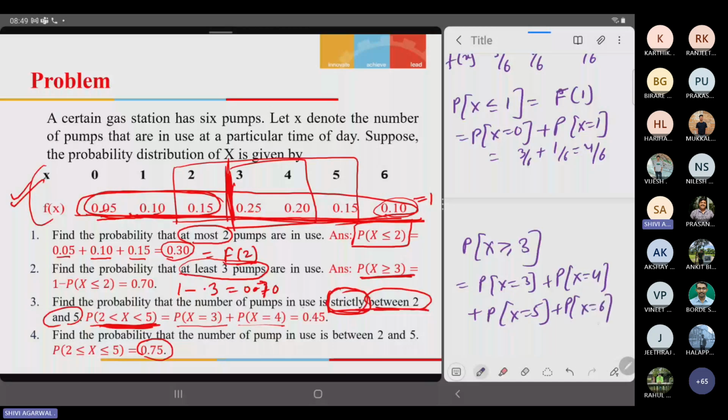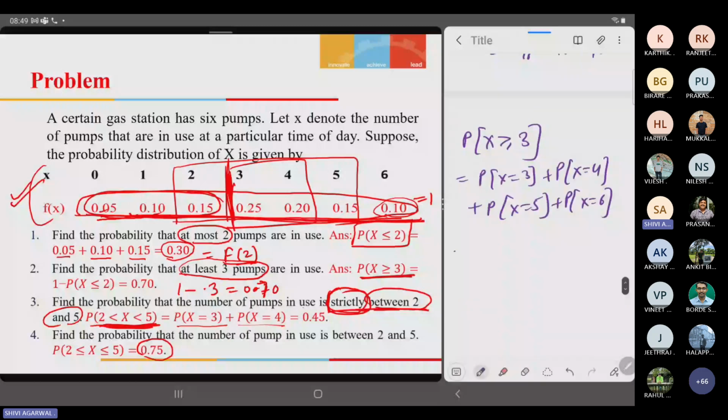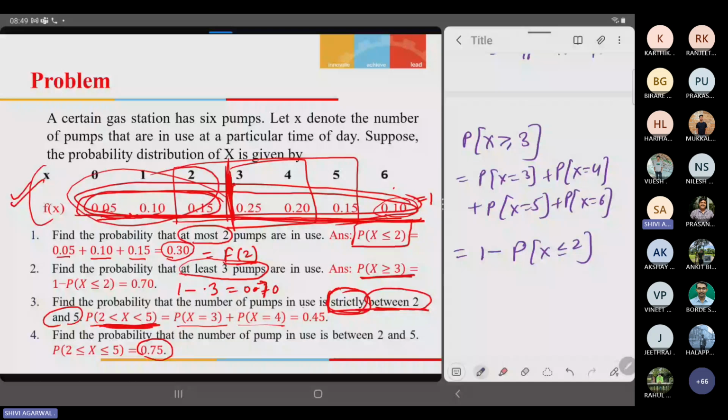That we can also do by another method: all values 0 to 6 add up to 1. So we can say 1 minus the probability when x is less than or equal to 2. So we are adding all the values, which becomes 1, and then we subtract this part for 1 and 2. Then it will give the probability when x is greater than or equal to 3.